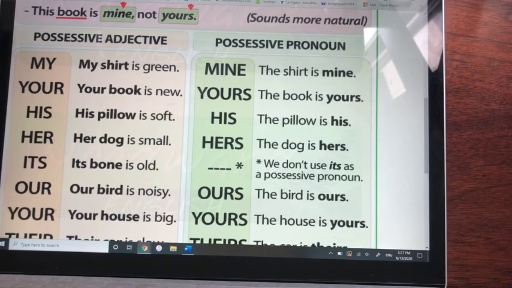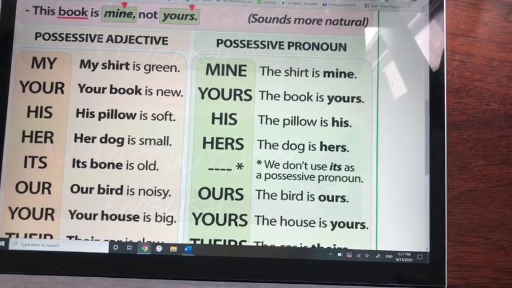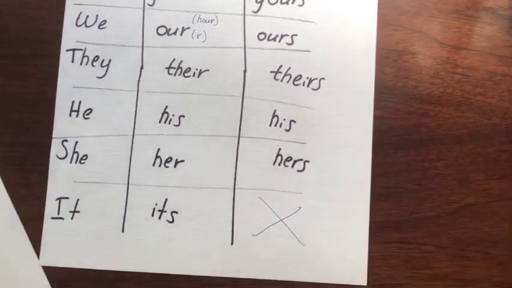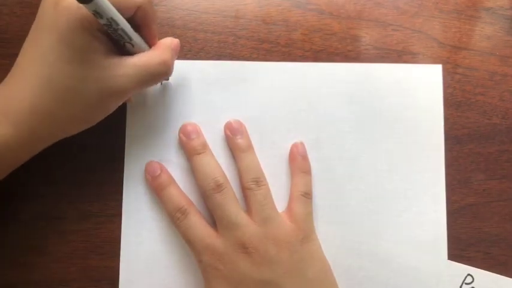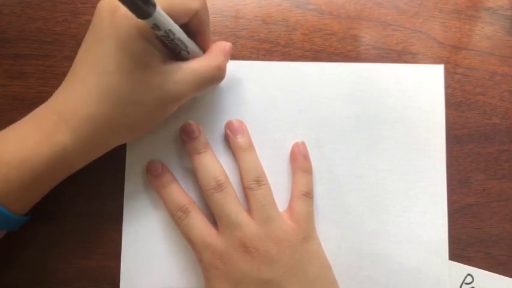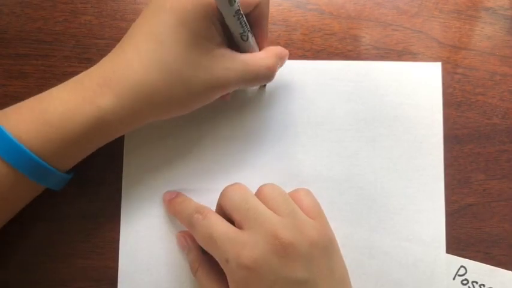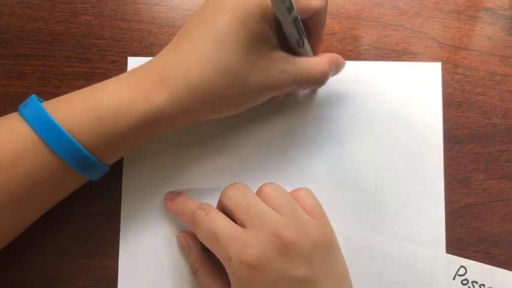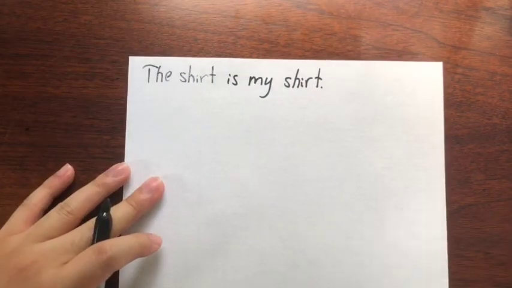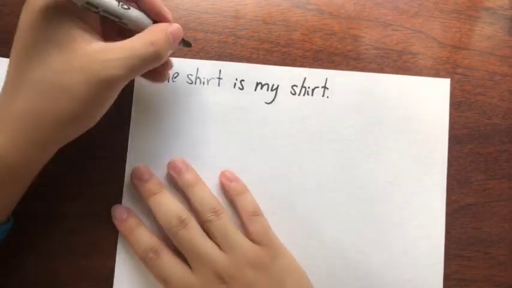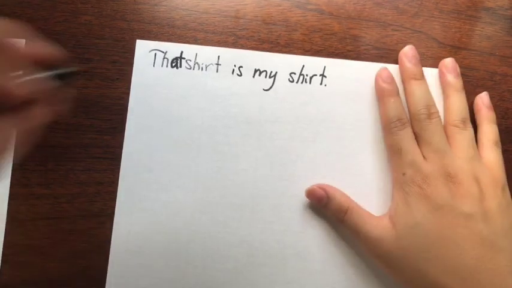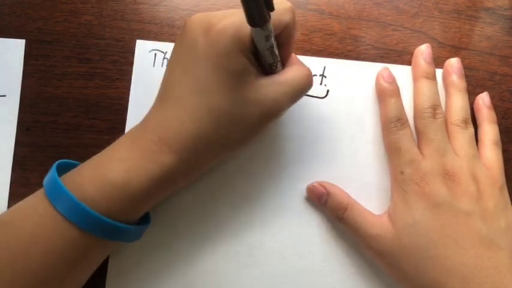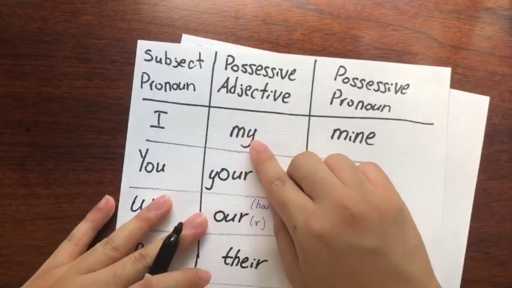So we have, the shirt is my shirt. Or we can say, that shirt is my shirt. Well, we can change my shirt to mine.